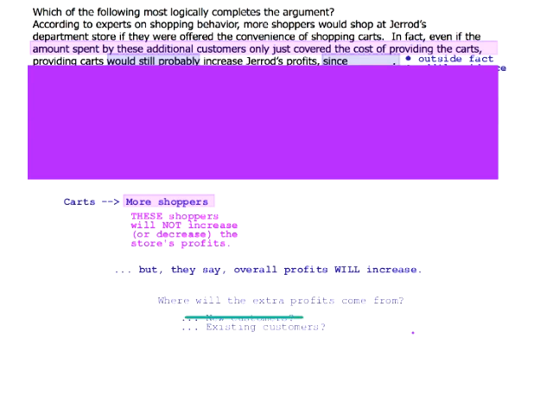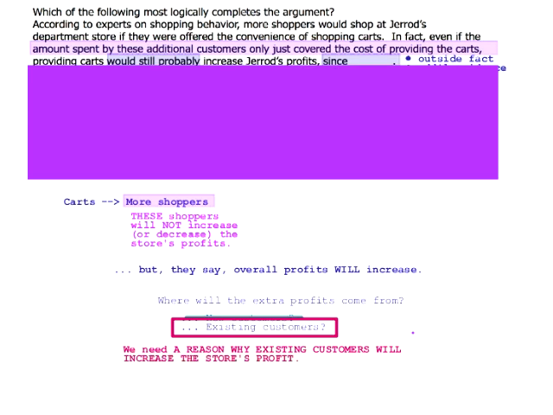So it has to be some sort of reason that's going to make us think that existing customers will give more profits. So nothing else could possibly support this. So we need a reason why existing customers will increase the profits.